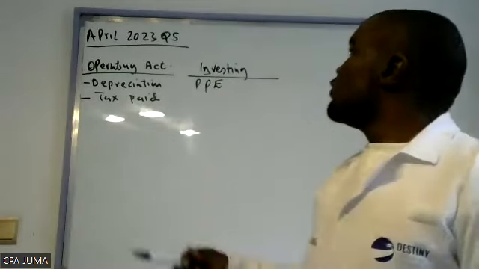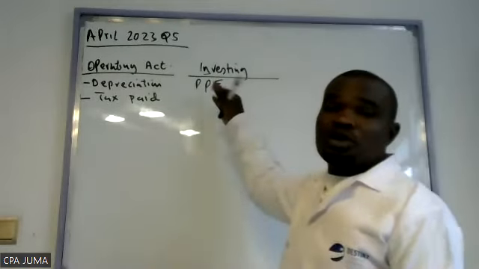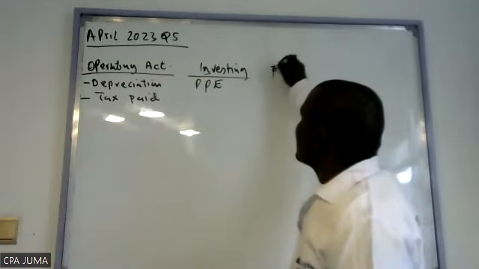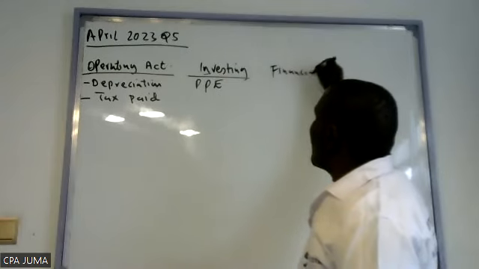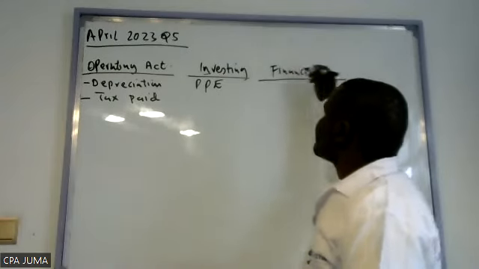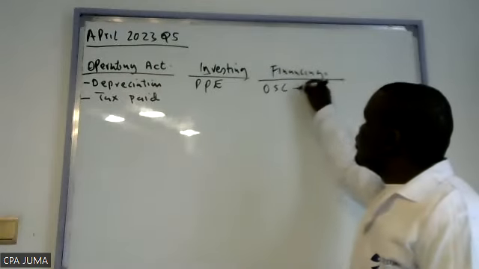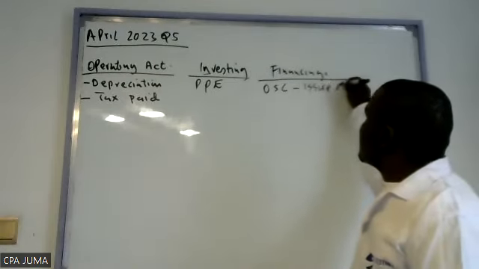Either the examiner will give you one, acquisition or disposal, then you reconcile to get the other one. Then in financing, the working you are supposed to do is for ordinary share capital, to check whether there was an issue of shares.